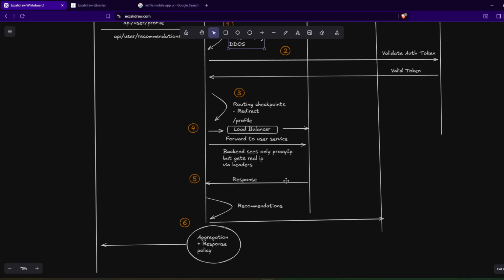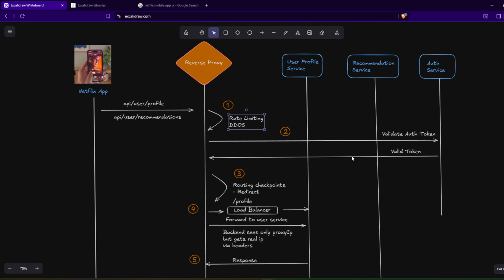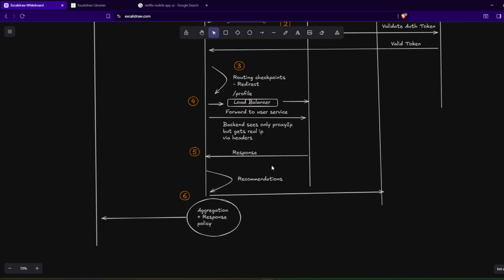Then it handles the responses, and if there are multiple responses, like user profile and recommendations, it aggregates all of them, applies its policies and sometimes filtering as well, and then sends the aggregated response back to the client.